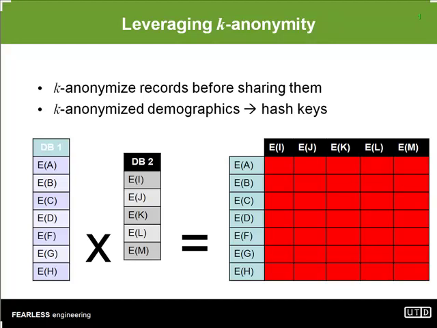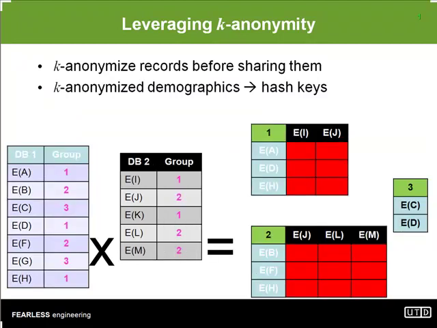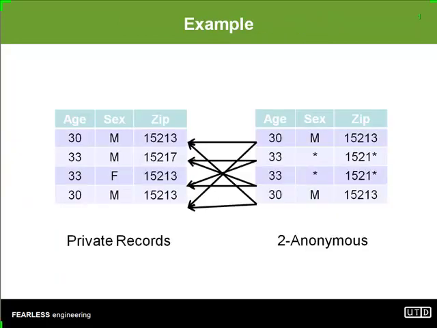So instead of checking each pair using this encrypted data set, we use the anonymized data to say that, for example, these two tuples may match, and these two may match, because they are similar. But we know that maybe these two don't match because they have different ages, okay?